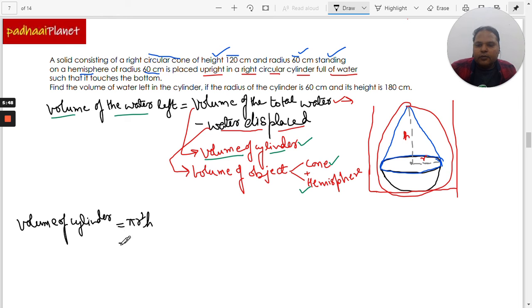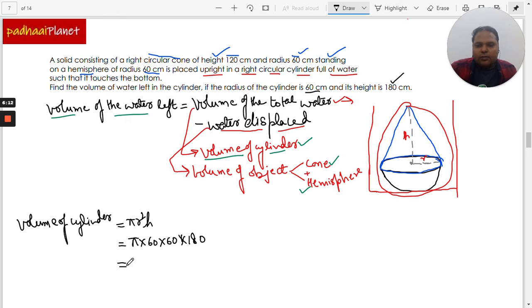So pi r square h means pi, where r, the radius of the cylinder, is 60 centimeters. So that's 60 multiplied by 60 because we are talking about square, and h is 180 centimeters, so multiplied by 180. Let's take the help of the calculator. 60 into 60 makes 3600, multiplied by 180.